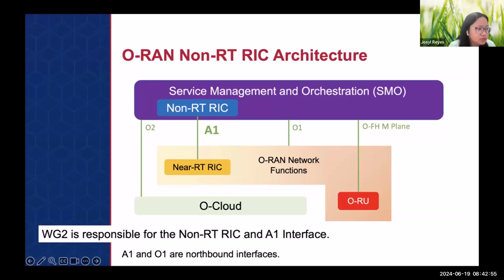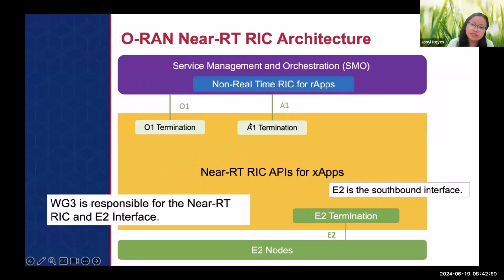And then if we go to the next slide, showing the near real-time RIC, we have the near real-time RIC here defined in working group 3. And then there's an E2 interface. This one is now considered a southbound interface because it's going from this block downwards to the southern block, or lower level block.